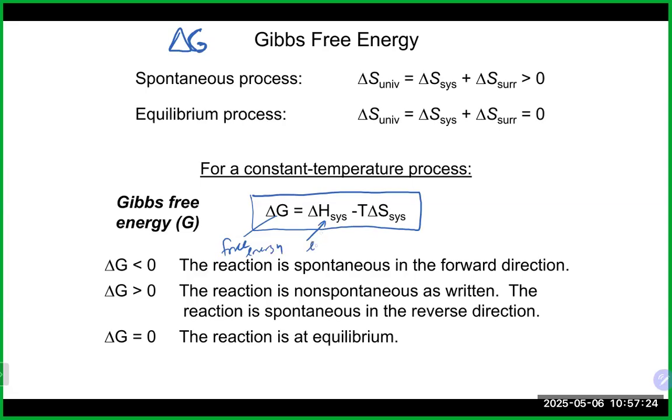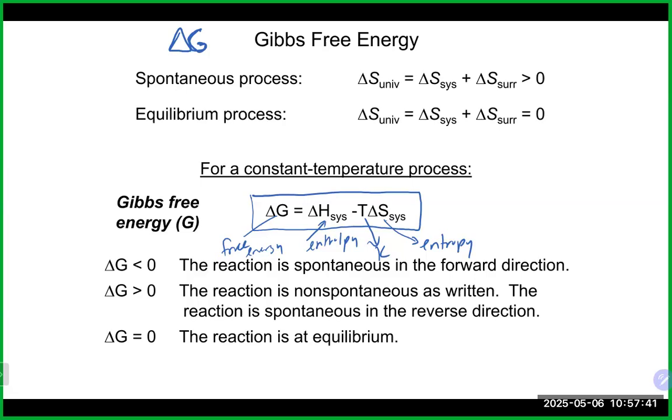This is our enthalpy. T is our temperature that has to be in Kelvin. And S is our entropy. So this has pretty much all 3 thermodynamic values together here in one equation.